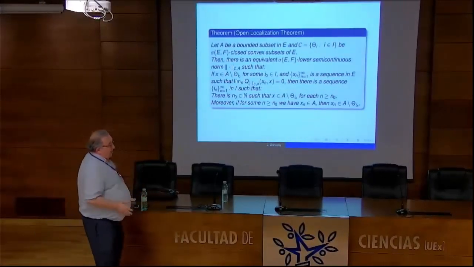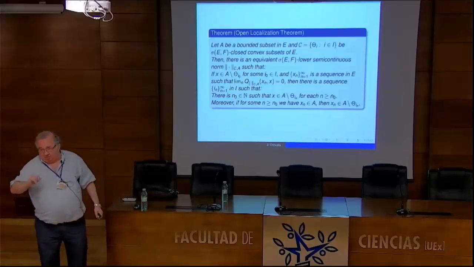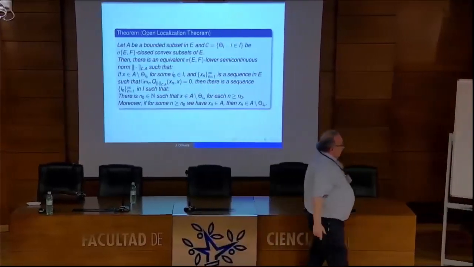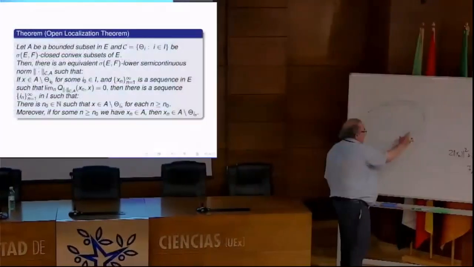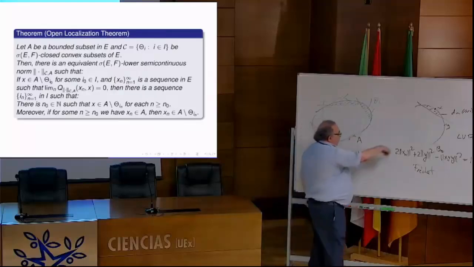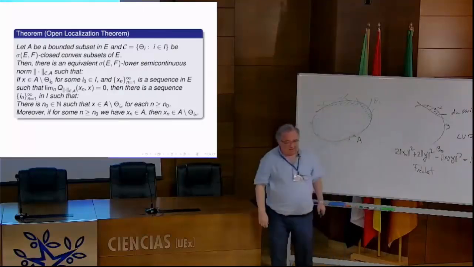But this is much more than enough, because if these sets are small, diameter less than epsilon, then the distance is small, so I have the renorming.